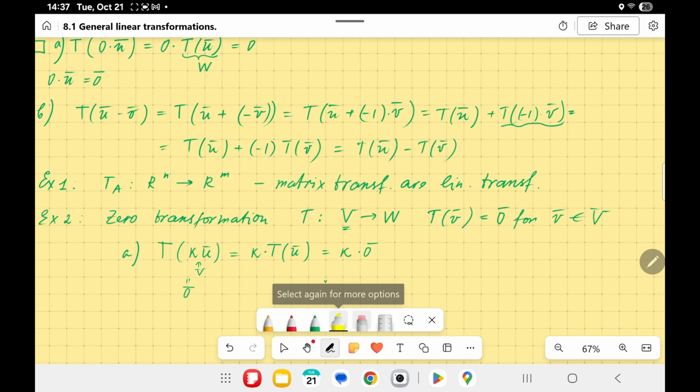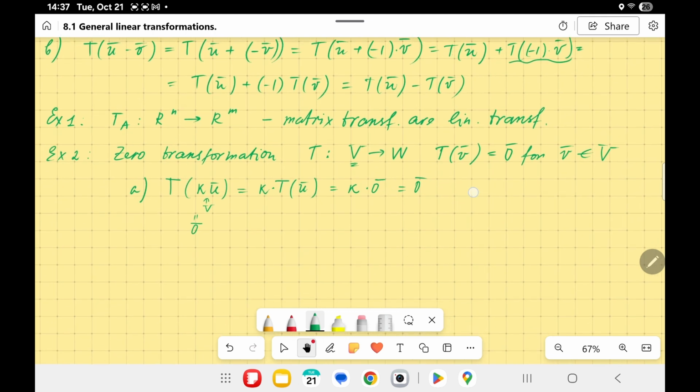And if we multiply any number by that zero vector, we of course get the zero vector again. So we see zero from this one because that's a direct transformation of vector Ku, which goes to zero directly by this statement. And if we apply K, Tu, we are going to get zero again. So these two statements are true.